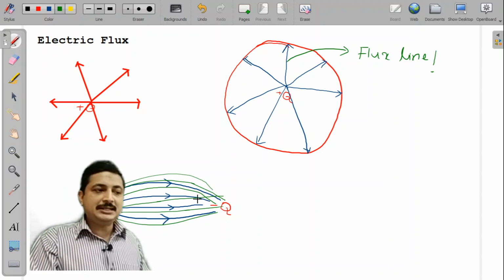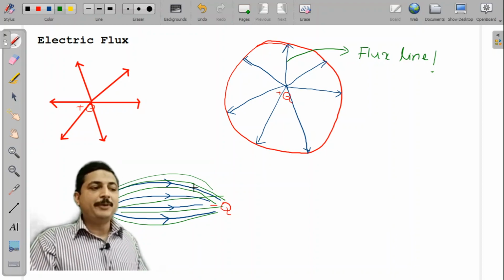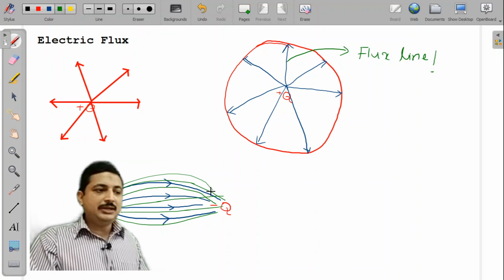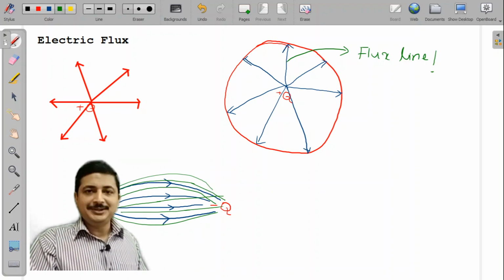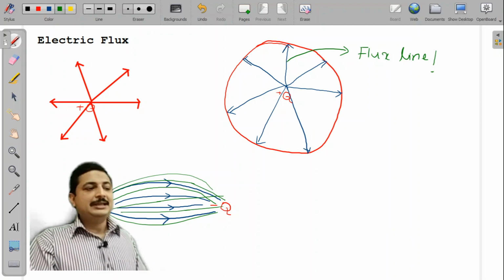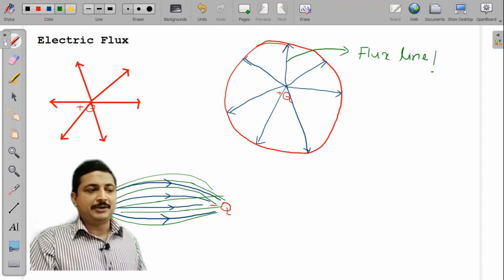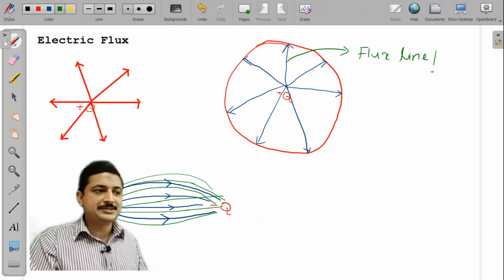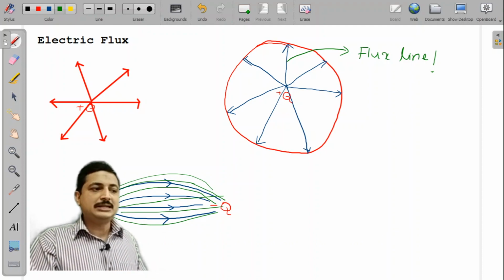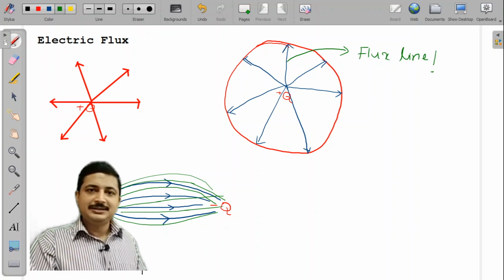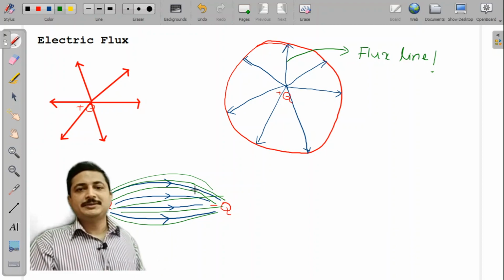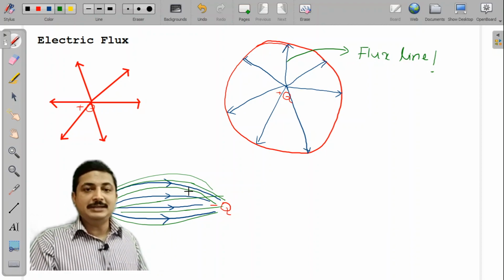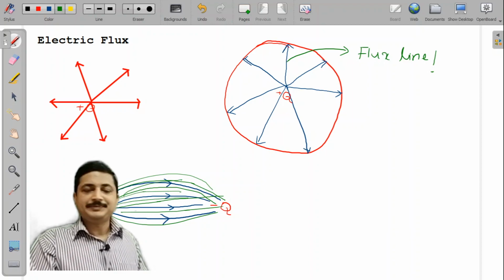So if these imaginary lines are more, that means this particular plus q has a very high magnitude, in the order of 10 to the power 3, 10 to the power 4 coulombs, then it is going to exert a very high force, right? The nearer you are, you will experience a very high force. So Faraday says, the more the force, the more flux lines you will have.